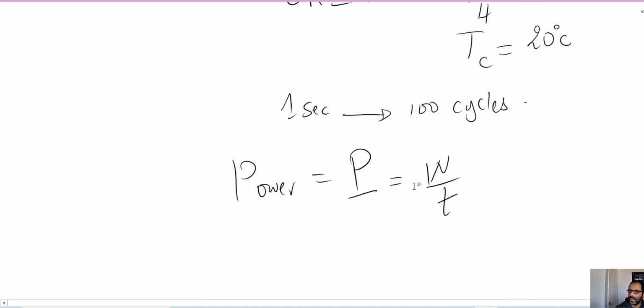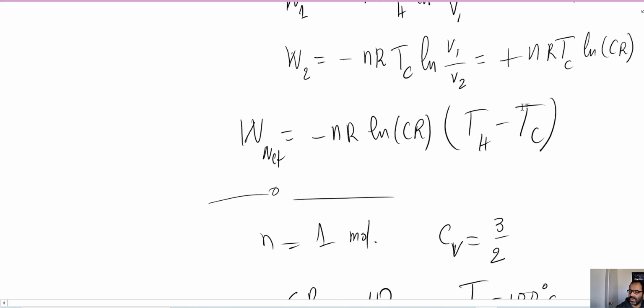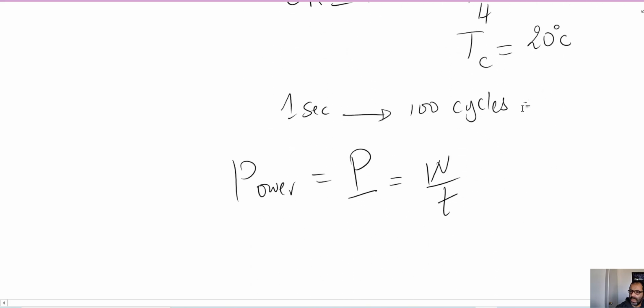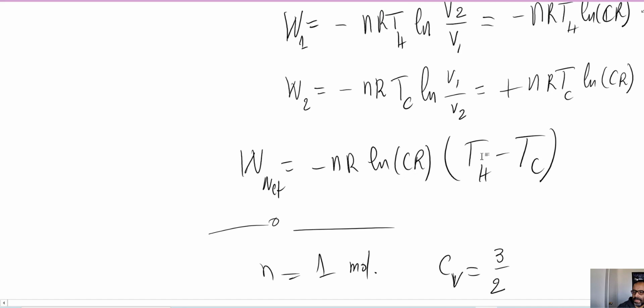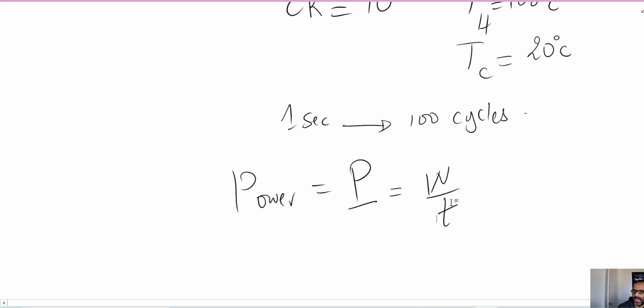So we have W net: n is 1, R is 8.314, ln of 10 times 80, which is 100 minus 20, and that's your net work. You divide it by the time to do 1 cycle, because that's in 1 cycle. Or multiply it by 100 to find it in 1 second, because the power is also the work done in 1 second.